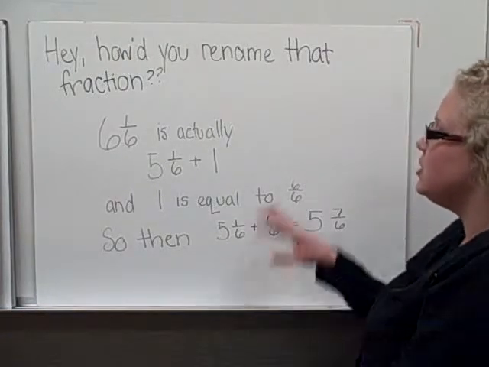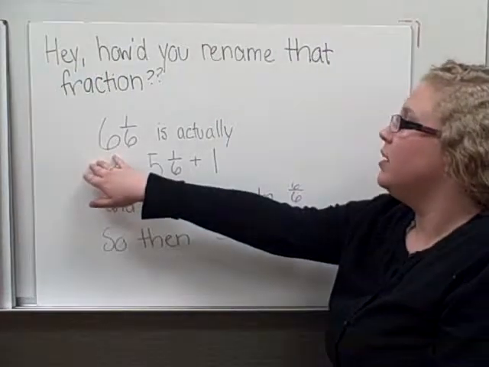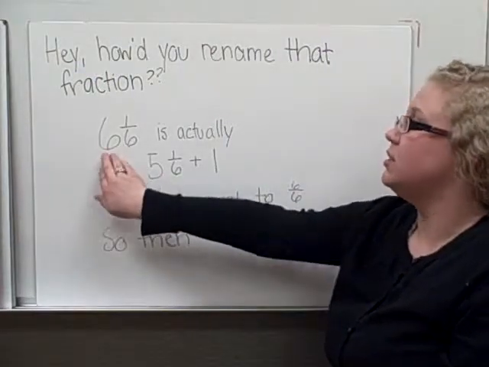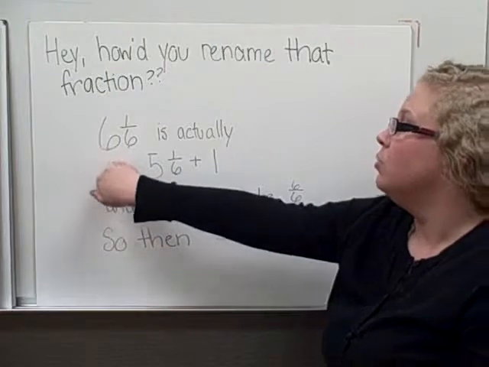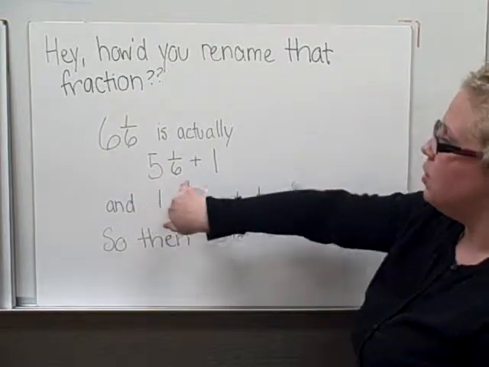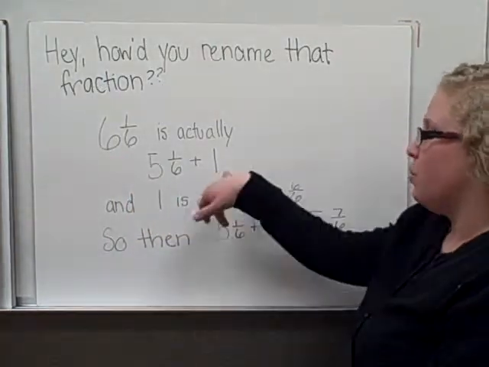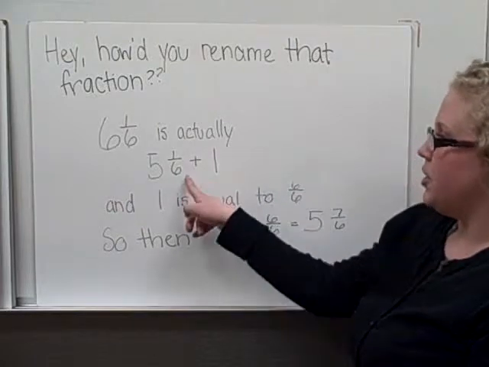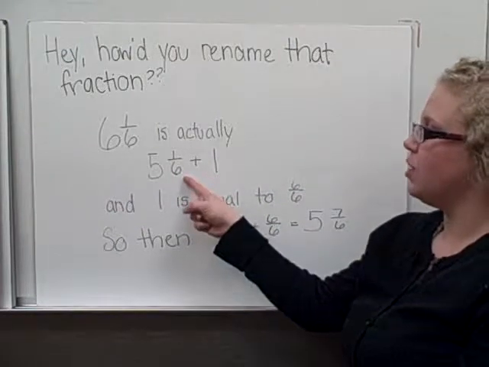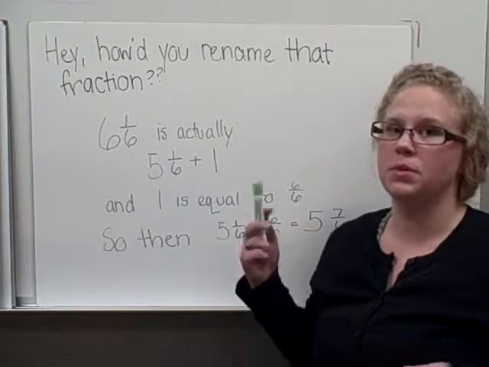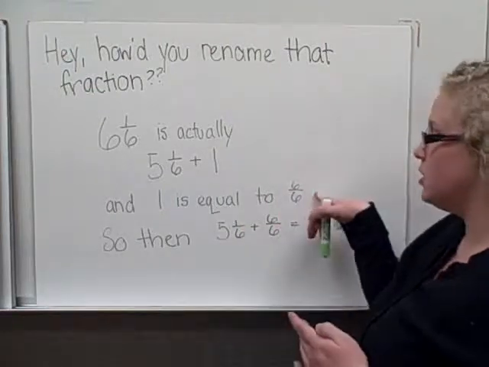So renaming fractions is figuring out what this is actually equal to. It is a number that's 1 less plus 1, where 1 is equal to the denominator over the denominator, so that 6 over 6 is equal to 1.